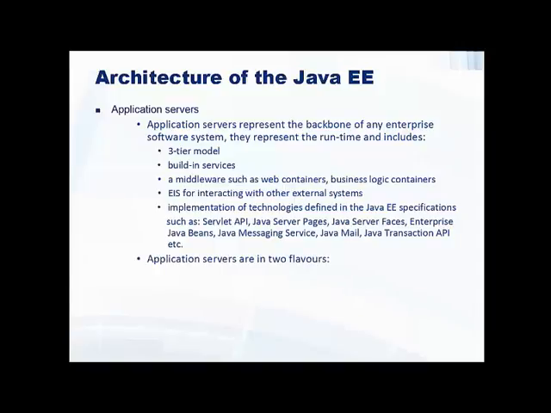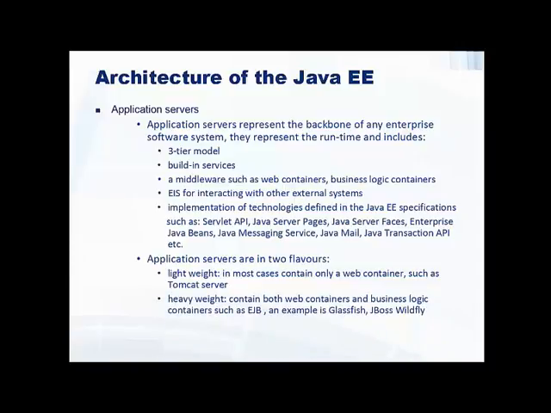Application servers come in two flavors. We have lightweight application servers, which in most cases contain only a web container. In this direction, I will mention the Apache Tomcat server, which is a lightweight one. We have the heavyweight application servers.